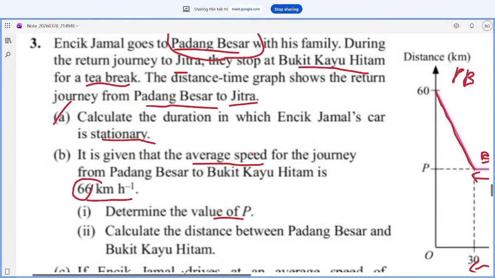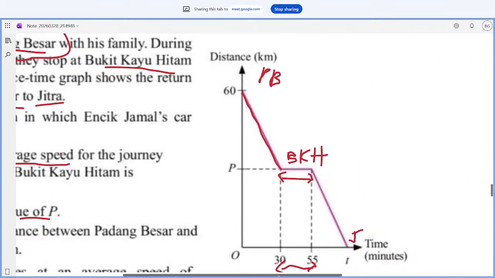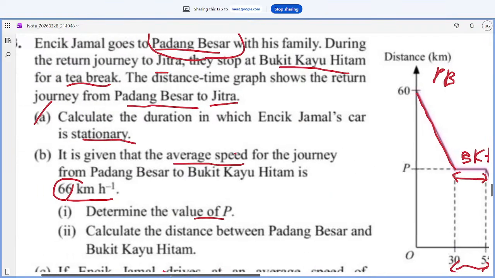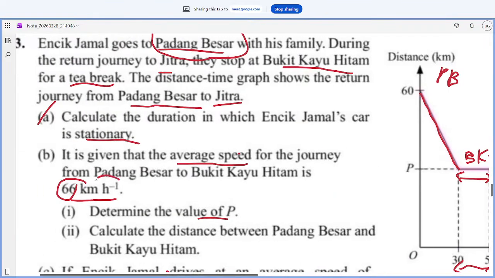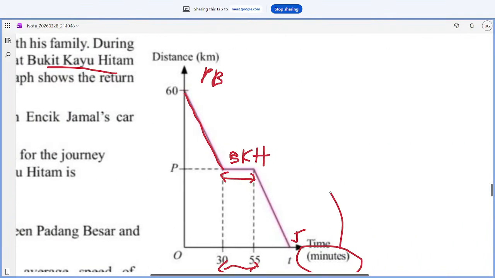But you guys must remember, always check unit guys. This is when the unit is very important. Kena selalu check unit, minute. But now, jawapan kamu adalah jam. Can you see? Hour and minute. So you guys need to convert minute to hour. So guys, minute to hour, how to convert? Kena buat apa? Okay, very good. Make sure remember your conversion guys.